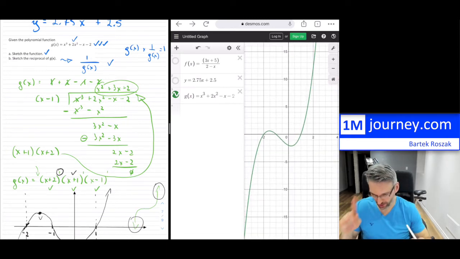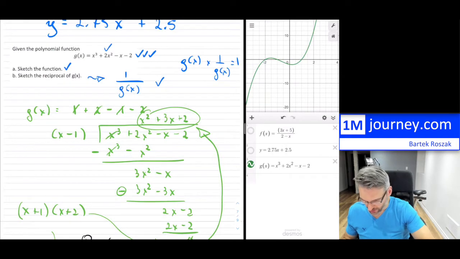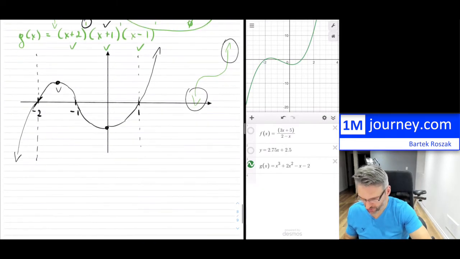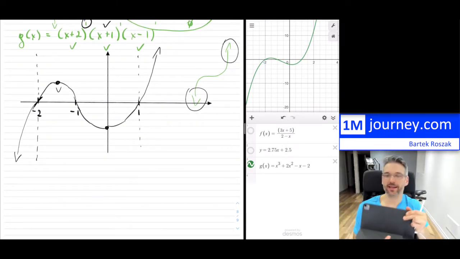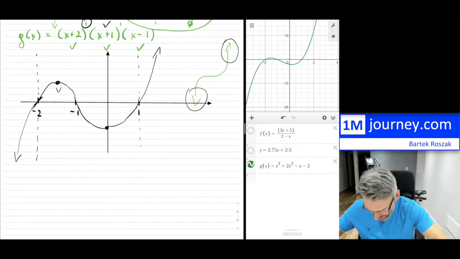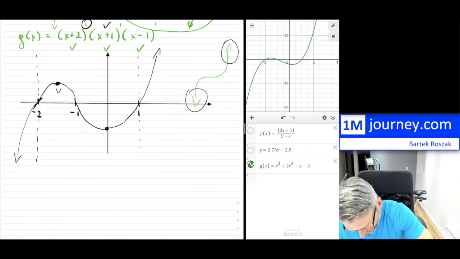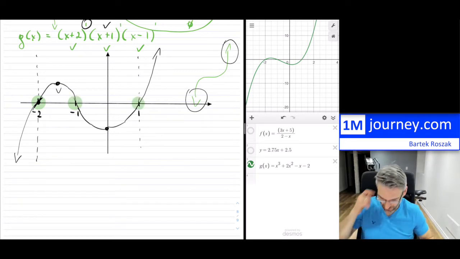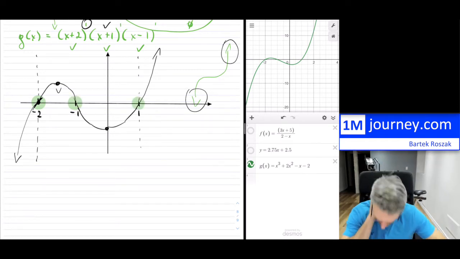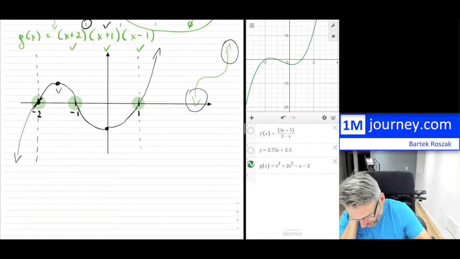Now, reciprocal. Okay, so now for the reciprocal, to sketch it, how is this going to look? Here are our zeros, right? Sorry, 0, 0, and 0. Okay, so for our reciprocals, what do we know?